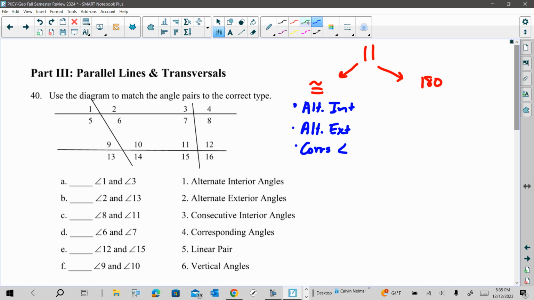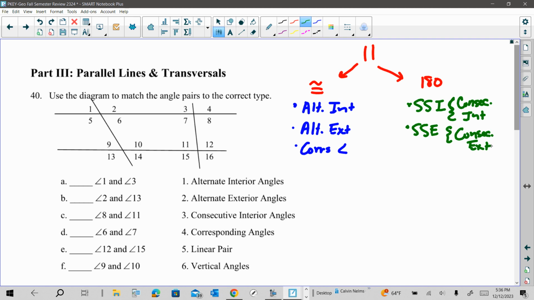The ones that are supplementary or 180 are same side interior or same side exterior. Same side interior is the same thing as consecutive interior. These are the same, and this is the same as consecutive. I'm just abbreviating, guys. Exterior.